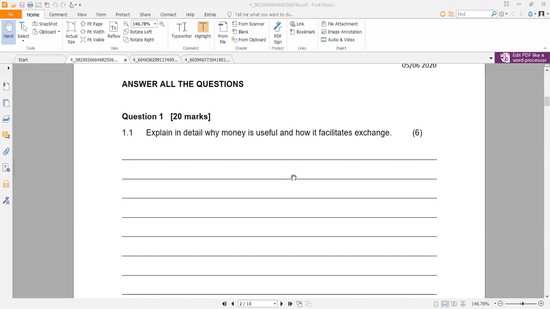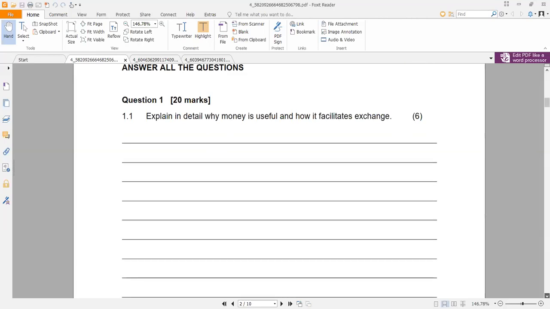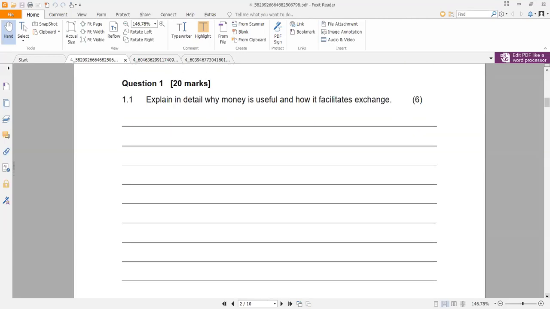Because of money, we can now measure everything in monetary terms. So the question requires you to explain the functions or roles of money. We know that there are three main roles of money, and that is why money is useful.